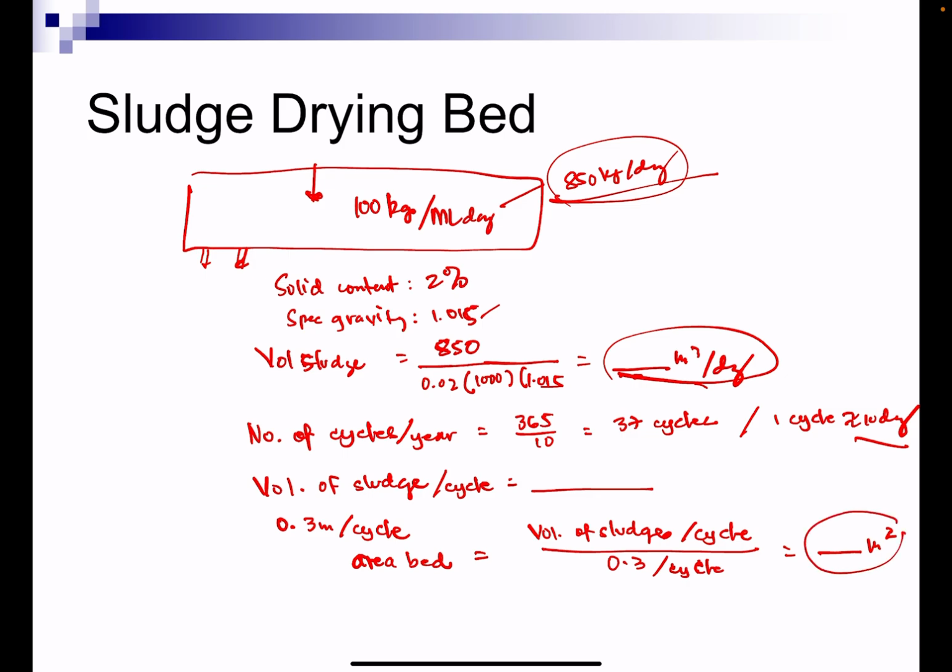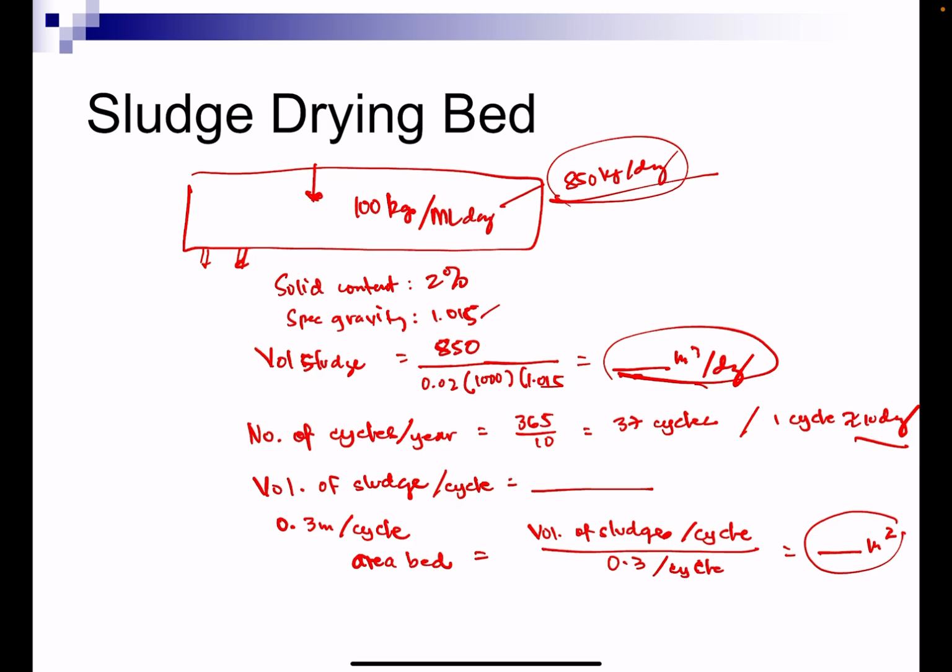So, the area of each bed, just for computation purposes. We started at 850. Let's compute: 850 divided by 0.02 times 1,000 times 1.015.